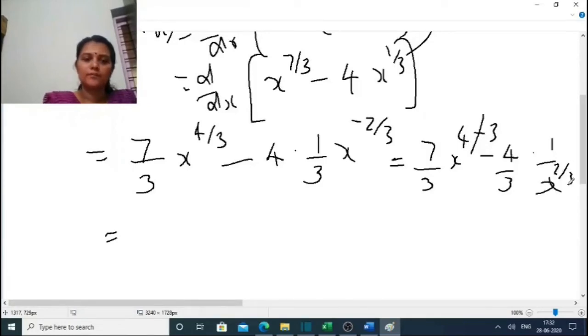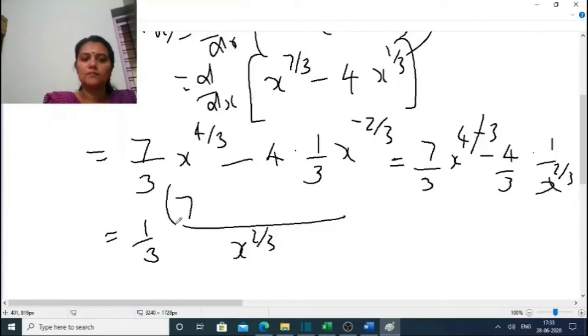So 1 by 3 x raised to 2 by 3 can be taken outside. So this becomes 7 x raised to 4 by 3 into x raised to 2 by 3, which is x square minus 4.